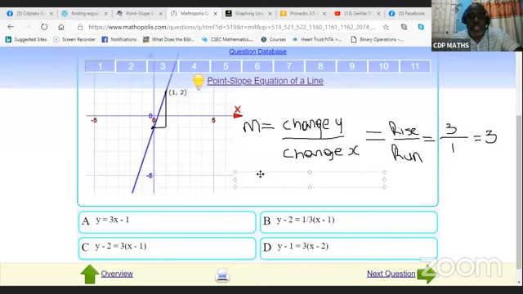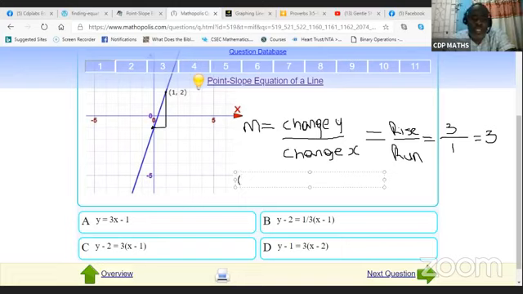So there are known points. You can use it as a known point, so it doesn't matter.